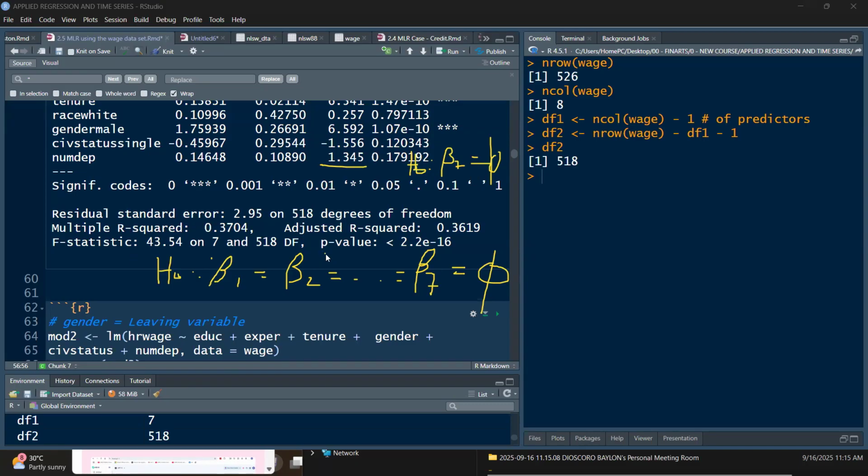And the p-value is practically zero. So our conclusion is, when the p is low, the null must go. We have to let go of this null. We reject the null hypothesis that beta 1 is equal to beta 2 is equal to ... is equal to beta 7.